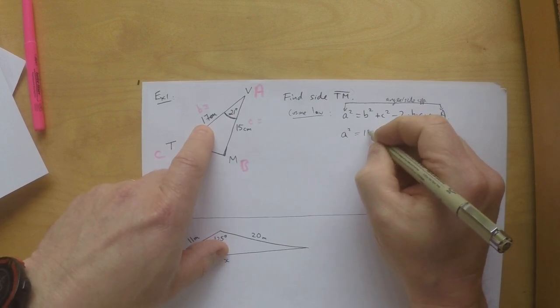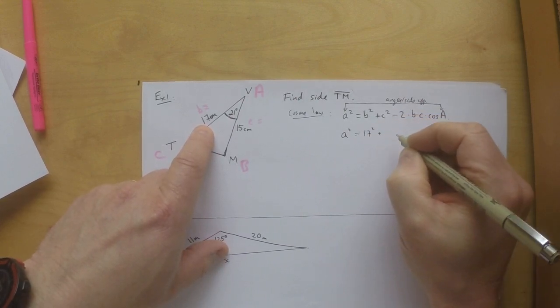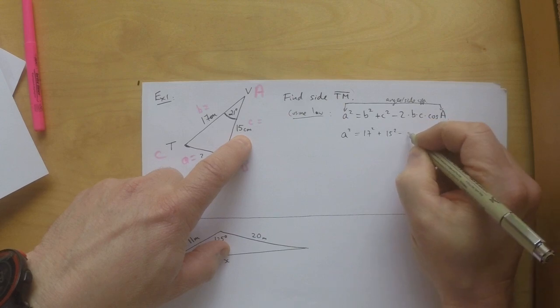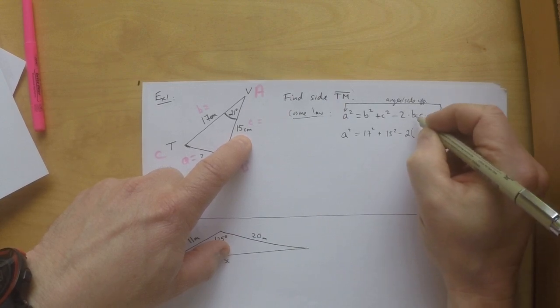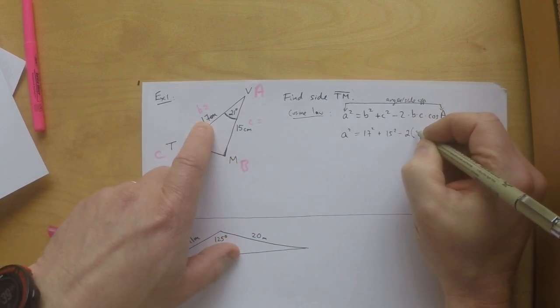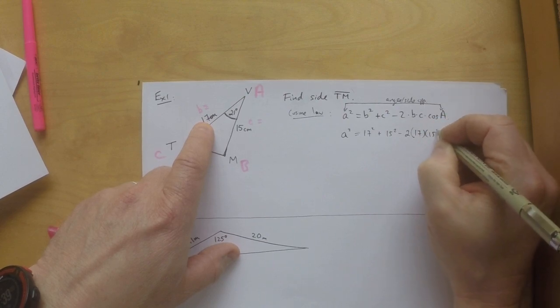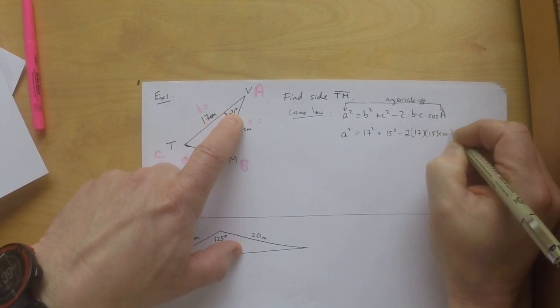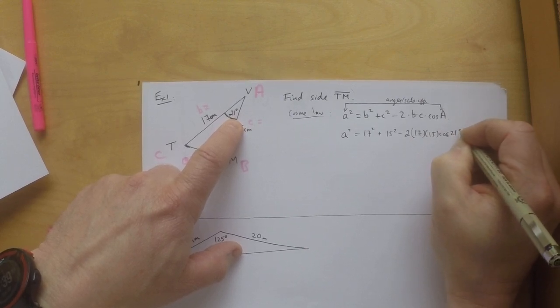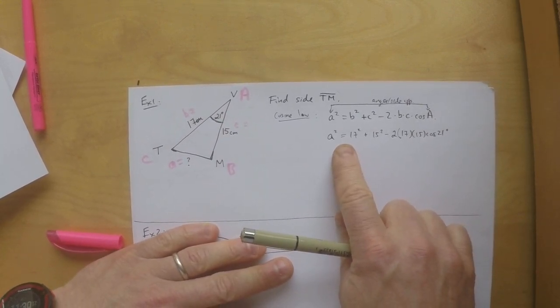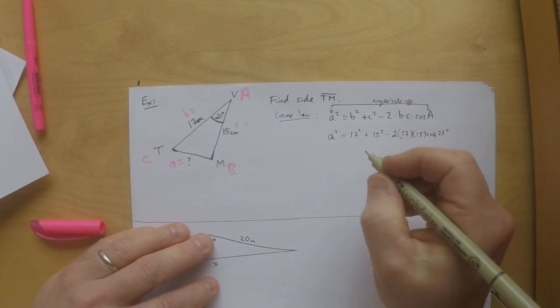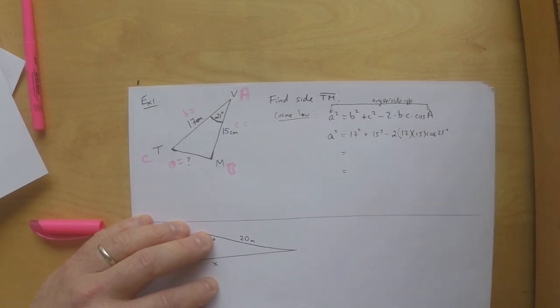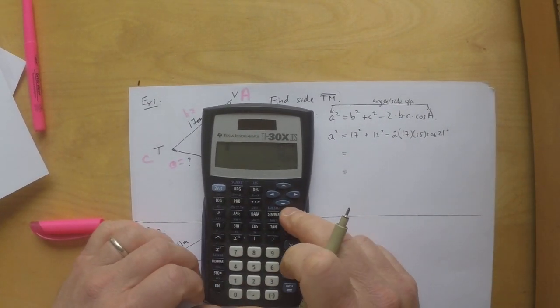Little b, according to my labeling, is 17, so 17 squared. Little c, 15 squared. And then in here, I'm multiplying, so put in brackets, little b is 17 again, little c is 15, big A is 21. And then you end up with this big mess. There's two ways you can do it. I'll show you. You could do it step by step.